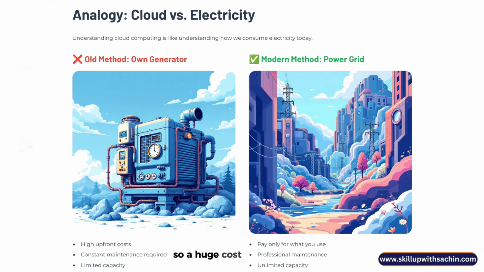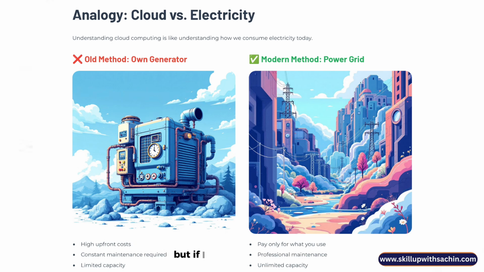So a huge cost of investment is involved, and you also use a number of resources, and a lot of people are involved. It's all up to you how you maintain it and how you utilize and distribute the electricity. You have to take care of it all on your own.